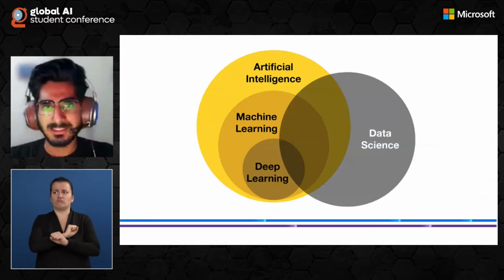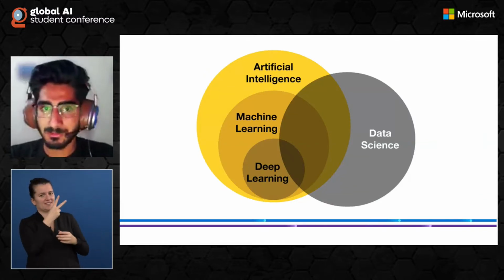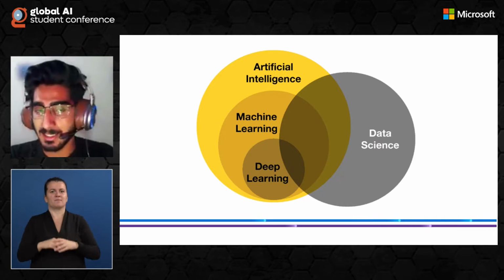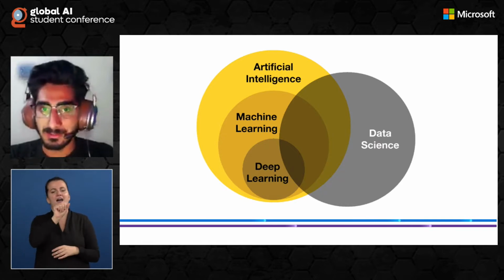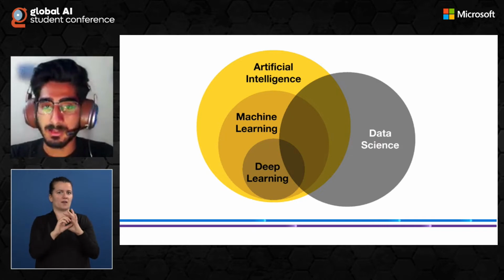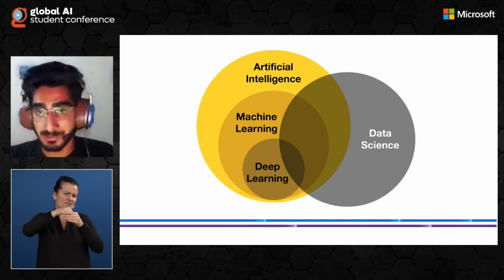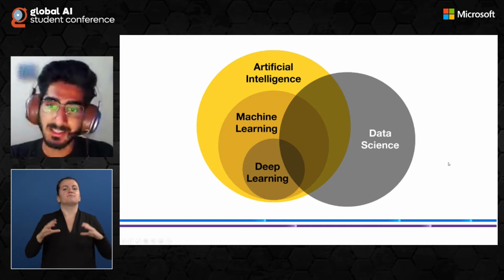So this is a Venn diagram. This will help you visualize what actually is ML, DL, and AI. AI is, you can say, the master class, and ML is its subclass, and DL is its subclass as well. And you can see data science.